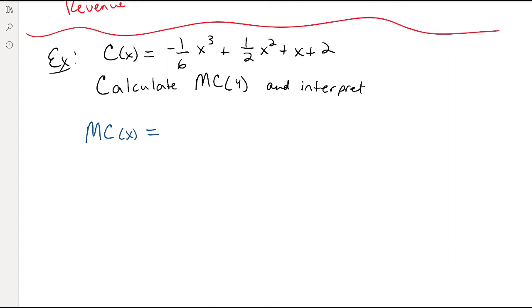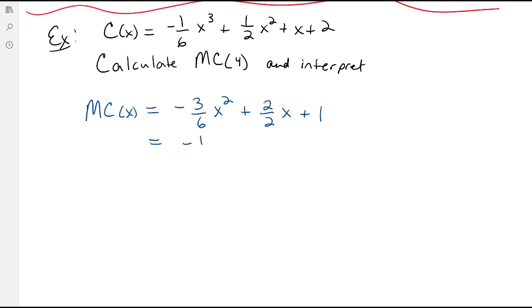The 3 comes out front and multiplies negative 1/6, so you have negative 3/6 times x squared, plus the 2 comes out front and multiplies the 1/2, so that's 2 over 2 times x, plus the derivative of 1x is 1, plus the derivative of any constant is 0.